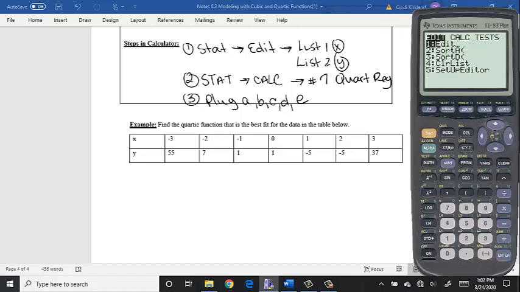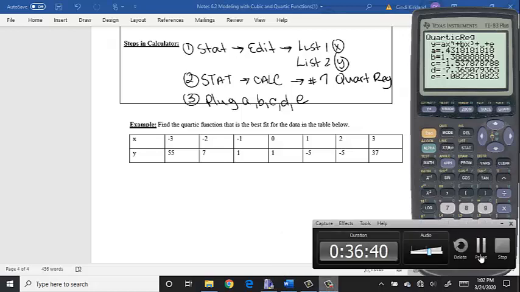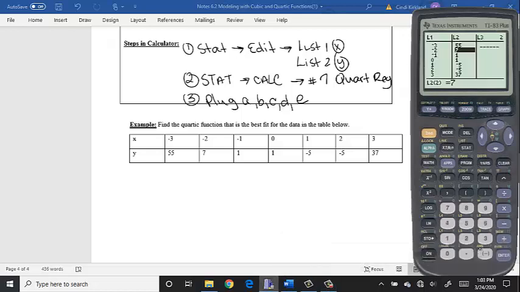Find the quartic function. So we're going to go to Stat, over to Calc, number 7 for our quartic function. Okay, and to keep things simple, okay, so I had put 5 in instead of 55.